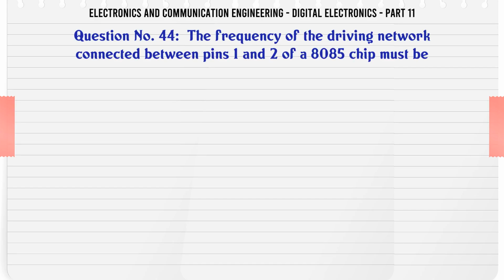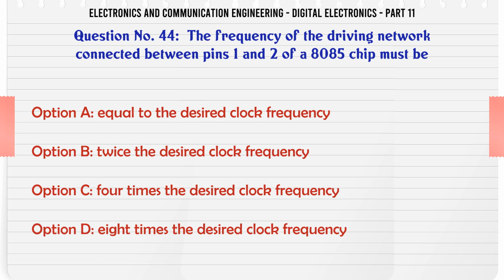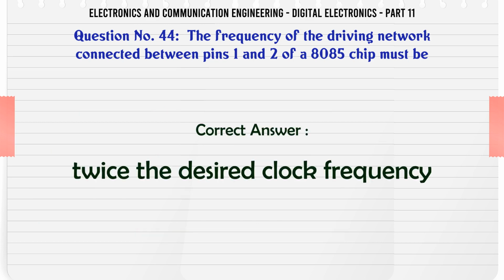The frequency of the driving network connected between pins 1 and 2 of an 8085 chip must be A. Equal to the desired clock frequency, B. Twice the desired clock frequency, C. 4 times the desired clock frequency, D. 8 times the desired clock frequency. The correct answer is twice the desired clock frequency.